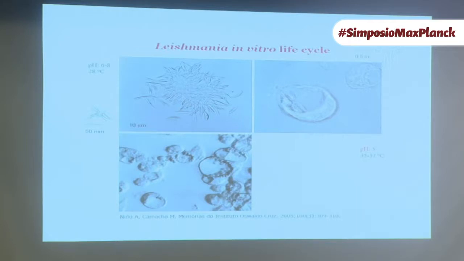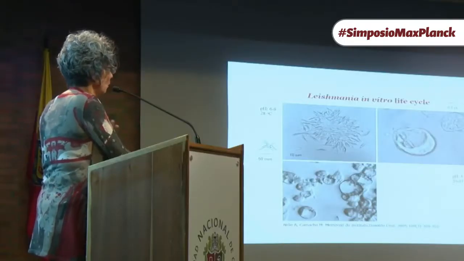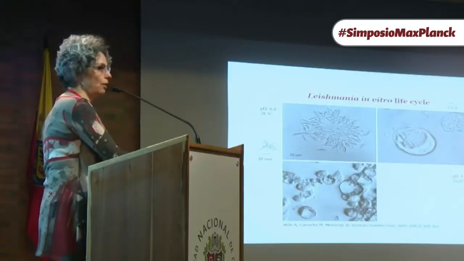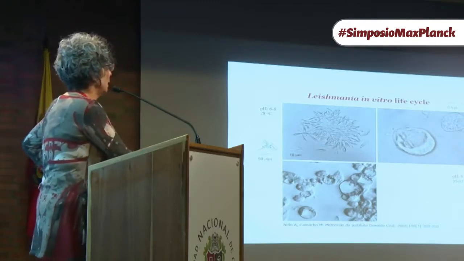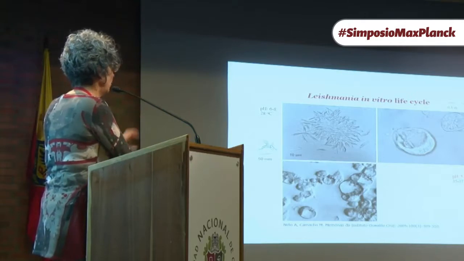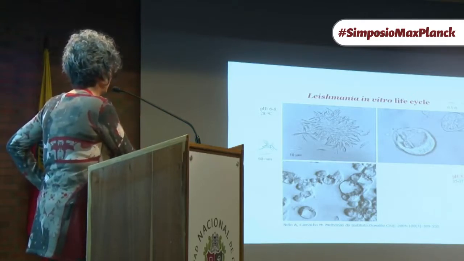And we have set up in our lab an in vitro life cycle to ask some questions in relation to the physiology of the interaction between the parasite and the macrophage, an immune cell which happens to be the host where this parasite reproduces. This form that you have here is the promastigote.